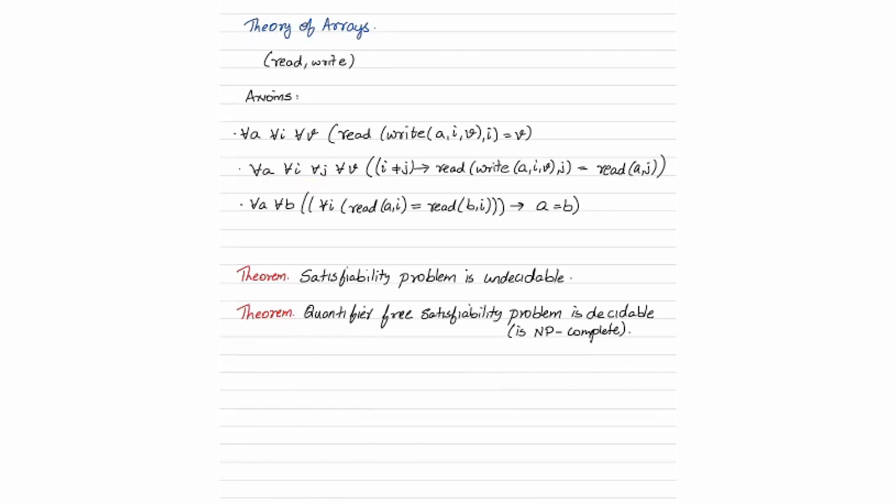Okay, understood. Is that okay? Yes. So you are writing into the index i, and then you're reading from j. If you're doing that, then if i and j are different, then you might as well read from j directly. It's going to be the same value. That's what it's saying. Any other questions?